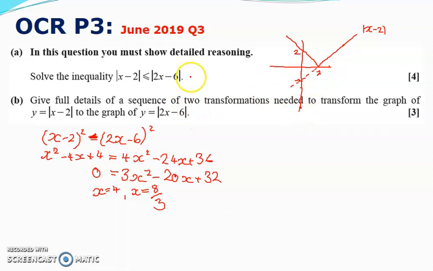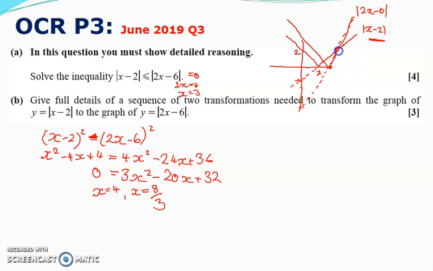Actually, if you think about it, when would that equal 0? 2x would equal 6. x would equal 3 if I ignored everything. So I know that that's where it hits. It does that on quite a steep gradient. So that's the 2x minus 6. The modulus part of it, of course, means it bounces back. So when is the x minus 2 lower than the 2x minus 6?